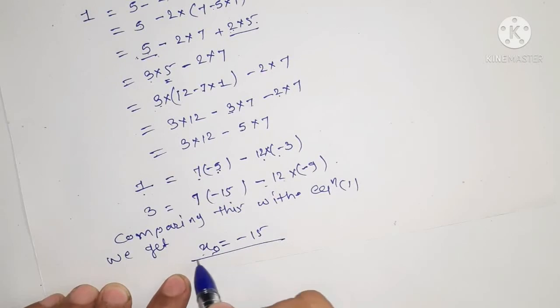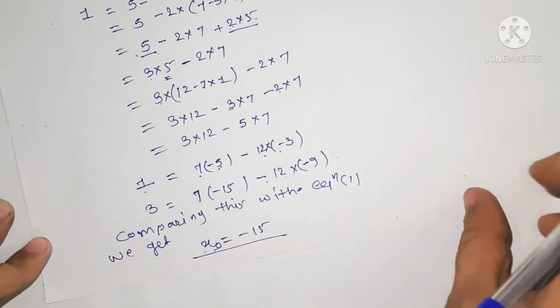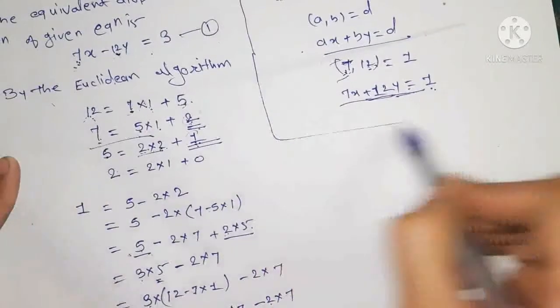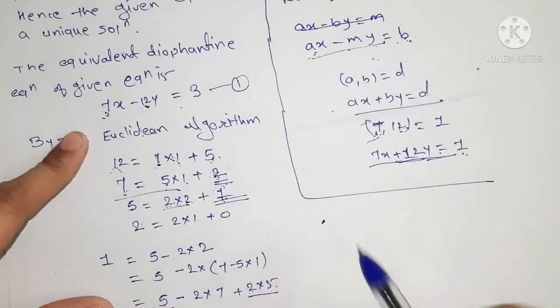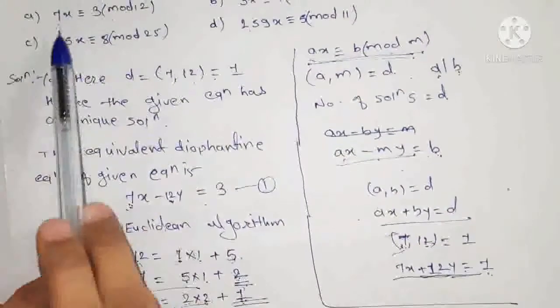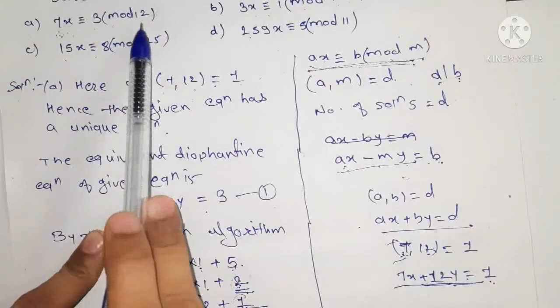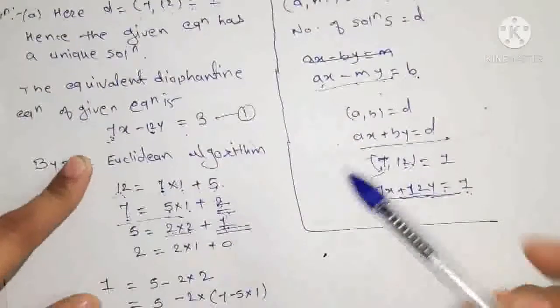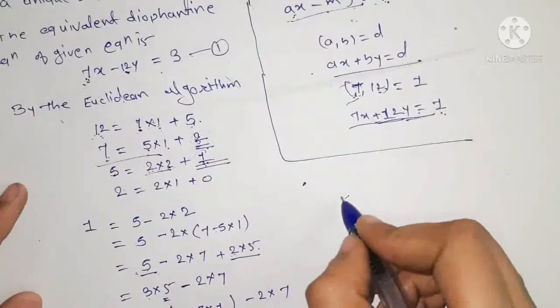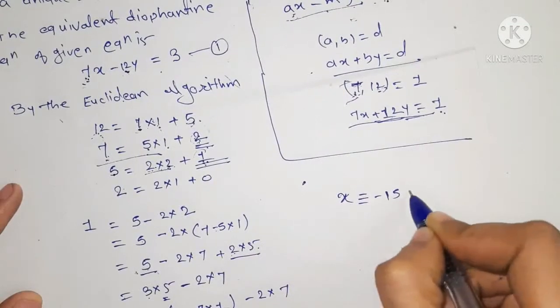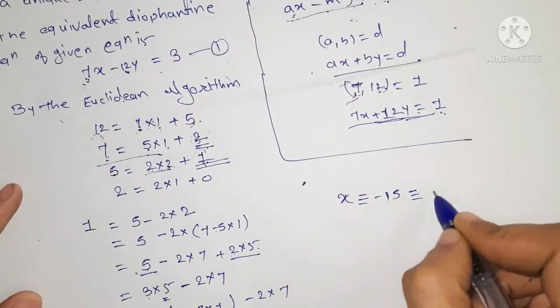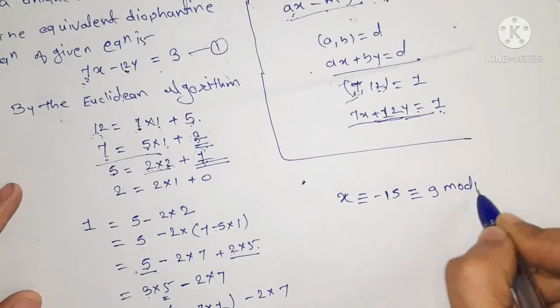And therefore the solution of our equation, our congruent equation 7x congruent to 3 modulo 12, will be x is congruent to minus 15, which is congruent to 9 modulo 12.